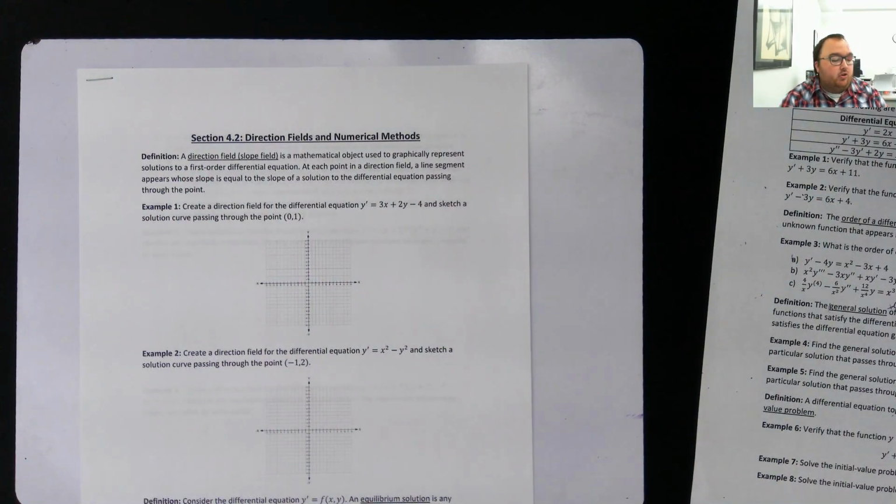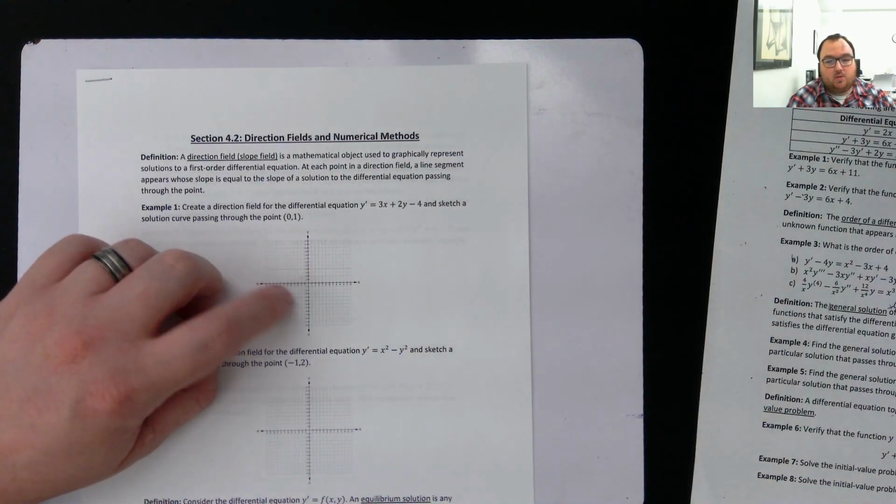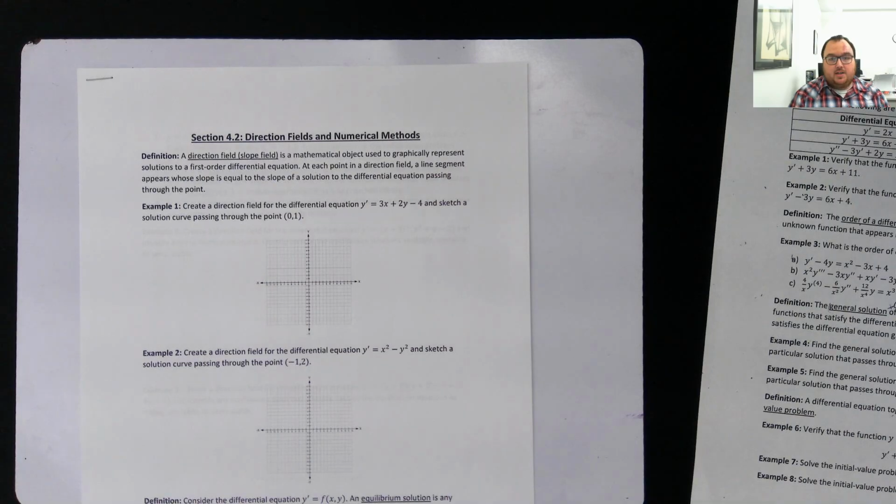At each point in a direction field, a line segment appears whose slope is equal to the slope of a solution to the differential equation passing through that point. So basically I'm going to draw a plane like I have right here, and at every point, I'm going to plug that point into the equation because that's going to tell me what the slope is.